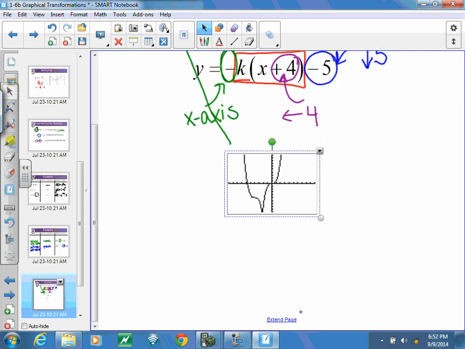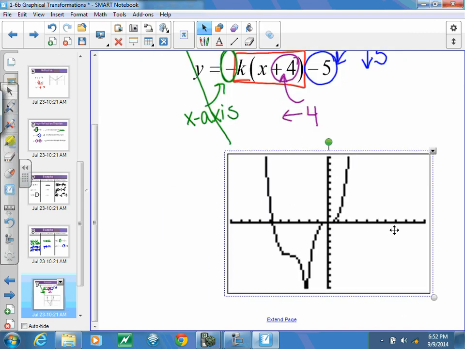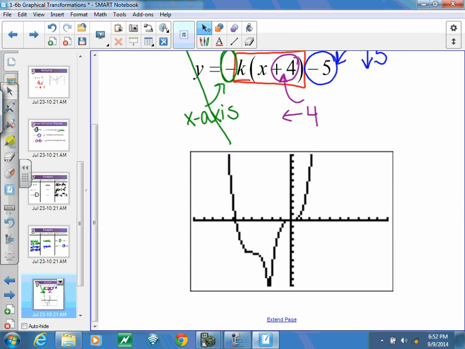When you look at this graph now, here's my parent function. Now, if I was to reflect this over the x-axis, what's going to happen is I'm going to end up with this green graph that I have right here. Notice that's what's happening down here.